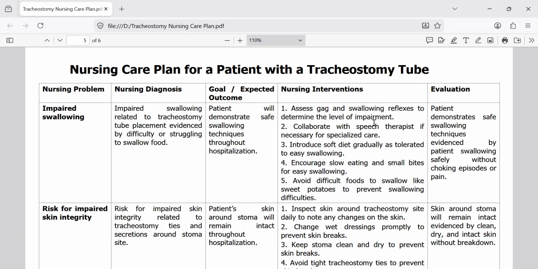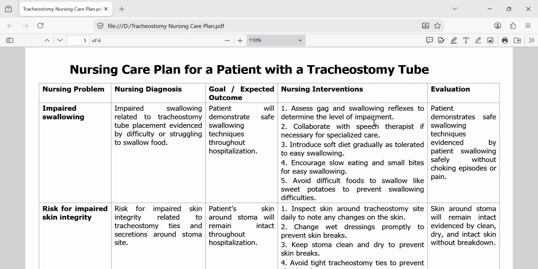But a nutritionist will help us to provide a tailor-made nutritional diet or certain prescribed foods that we can use to tackle this problem we are calling impaired swallowing. So I hope you understand the reason why I put this point here.